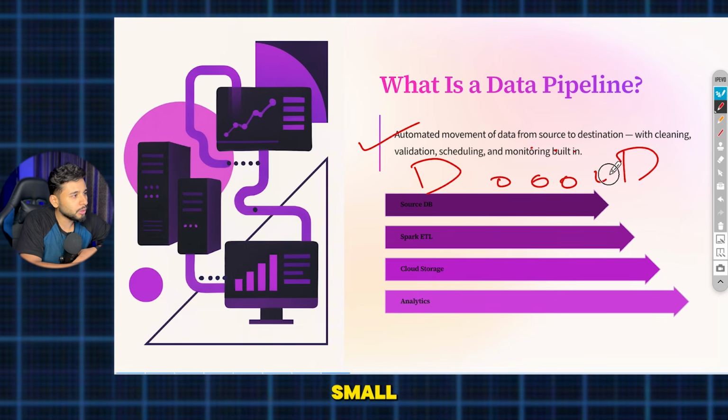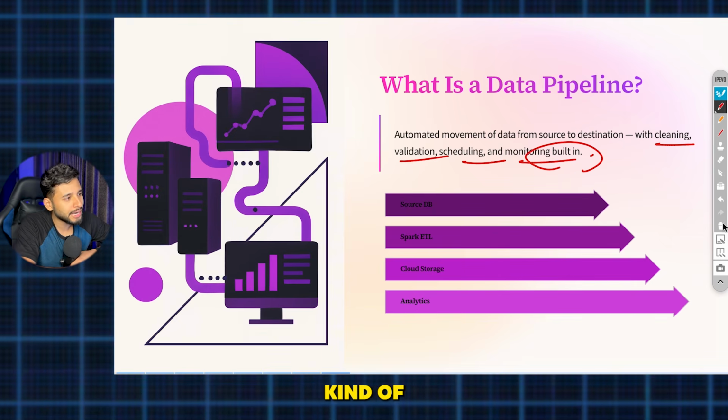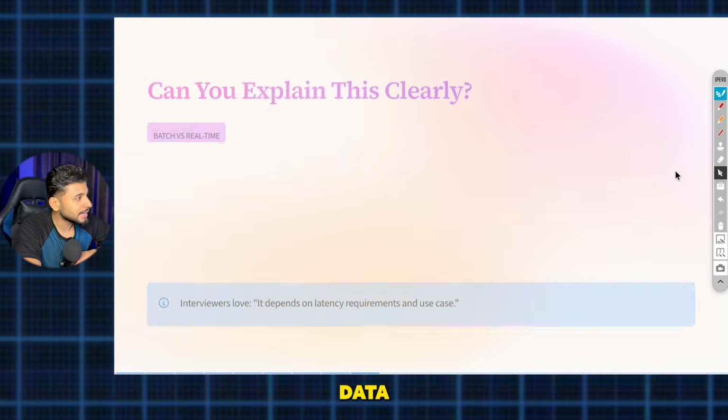There will be small intermediate steps, connectors, different technologies and different layers. These layers help you move the data from source to destination, with cleaning the data, validating the data, scheduling, monitoring and all those kinds of stuff. There will be a source database, Spark ETL, cloud storage and analytics. So that is the data pipeline.